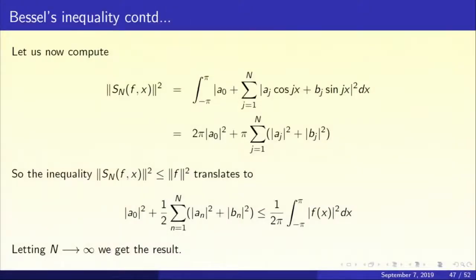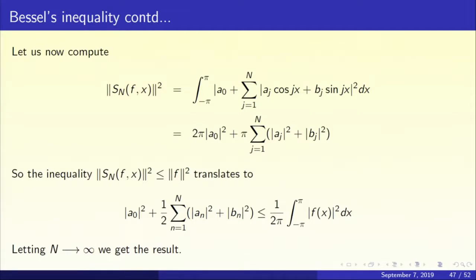Now let us calculate the left hand side of 2.6 in detail. Let us calculate the norm of Snf(x) the whole squared. What are we supposed to show? We are supposed to integrate from −π to π the expression a0 + Σ from j = 1 to n of (aj cos jx + bj sin jx), the whole thing squared. So just expand it.